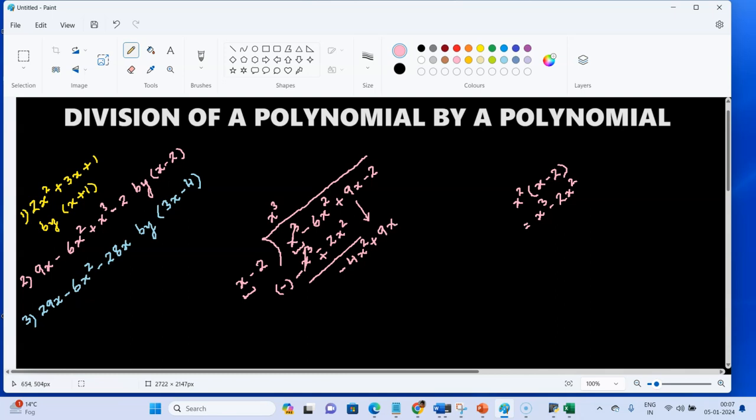Now we have another challenge, like what number do we have to multiply with x to make it minus 4x squared?